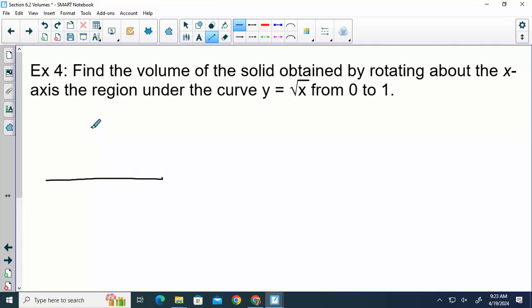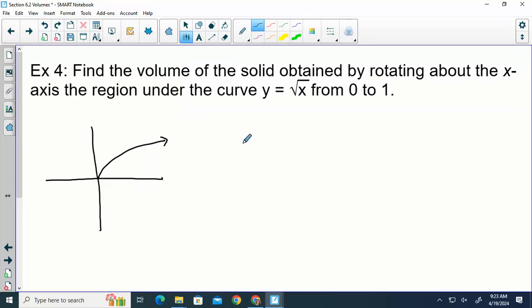What's the square root graph look like? But we're not going forever. We're only going from 0 to 1, and then I'm stopping it. So we have this section. If you take that little piece and start rotating it around the x-axis, what's it going to look like?